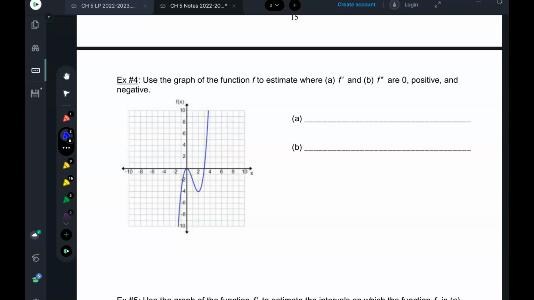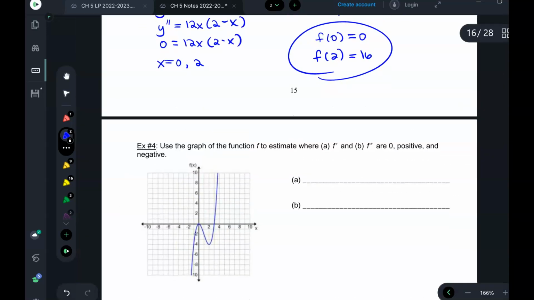Okay, so what I want you to do, use the graph of the function. So this is the original function to estimate where f prime, f double prime are 0, positive, and negative. When is f prime equal to 0?